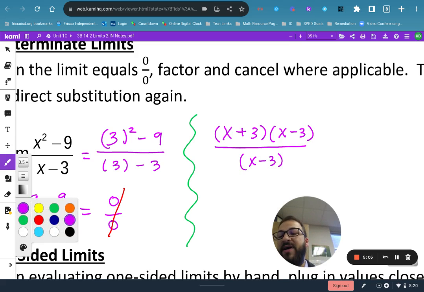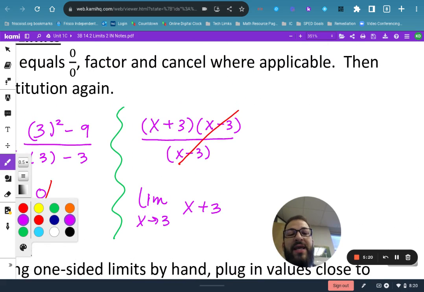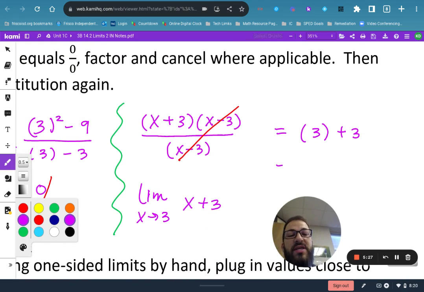Then because I have x minus 3 and x minus 3 on top of each other, I'm going to get those to cancel out. So that gives us the new simplified limit as x approaches 3 of x plus 3. So then I can go ahead and plug in again. So this is equal to 3 plus 3, which is equal to 6.